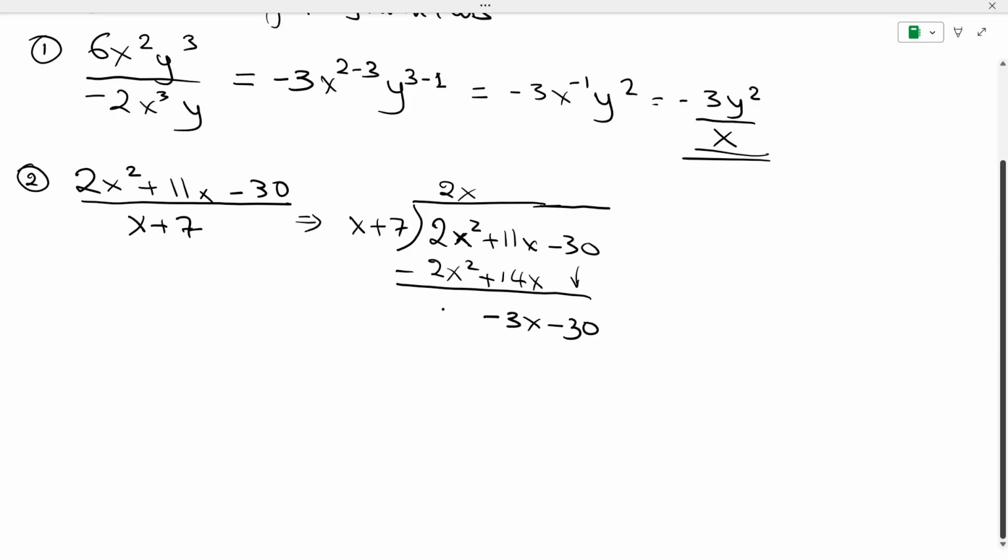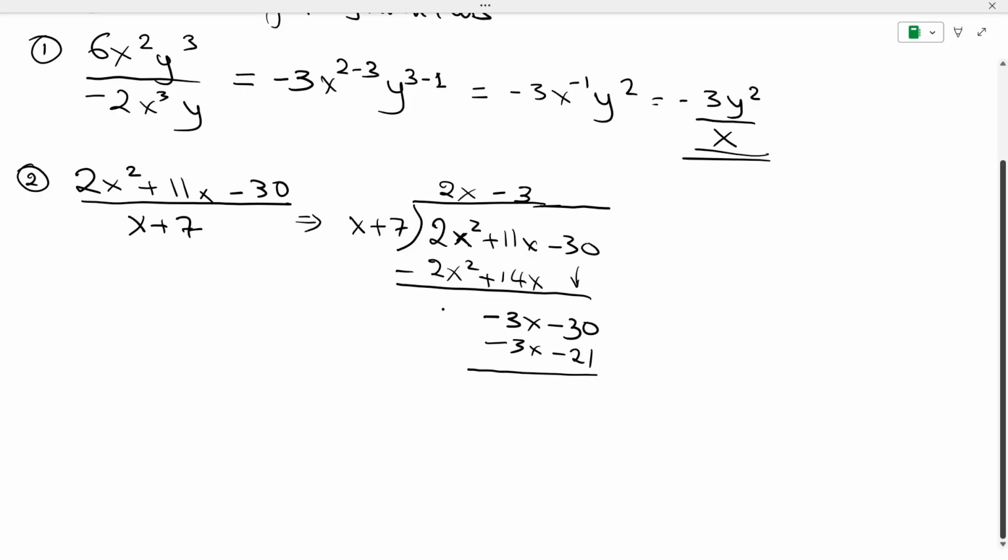Then we look for a number or a factor here, which when multiplied by x would give us minus 3x. And that must be minus 3. Minus 3 times x will give us minus 3x, and then minus 3 times 7 will give us minus 21.